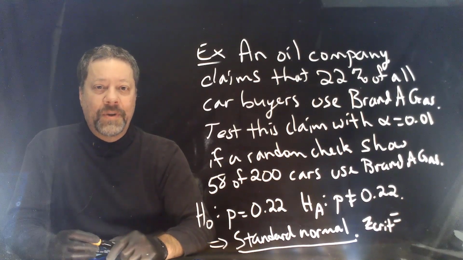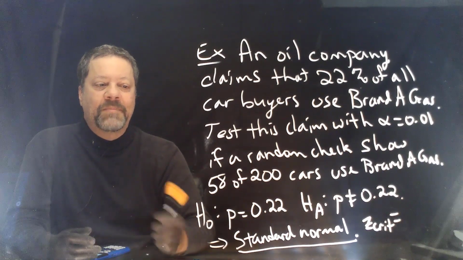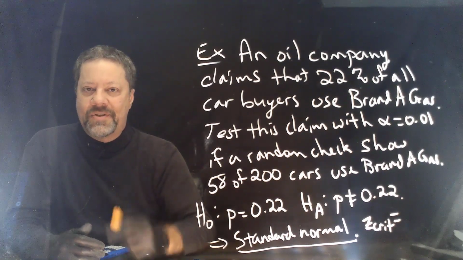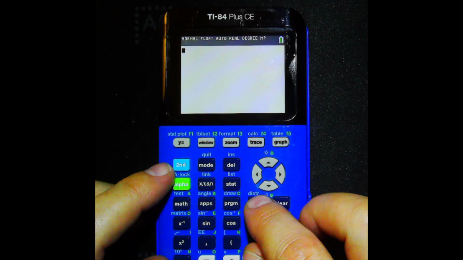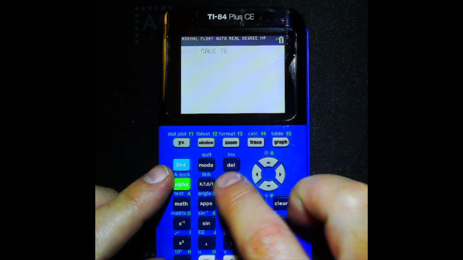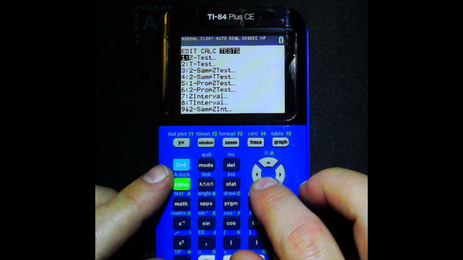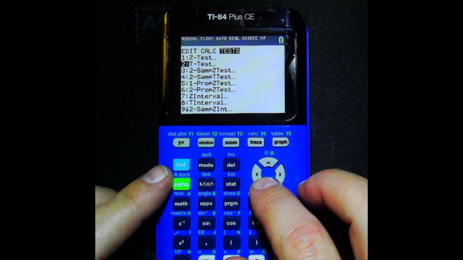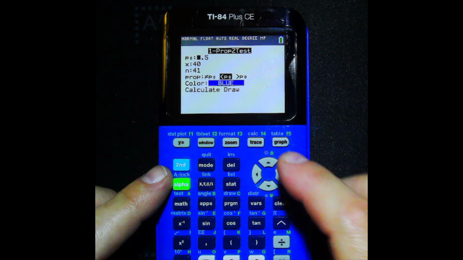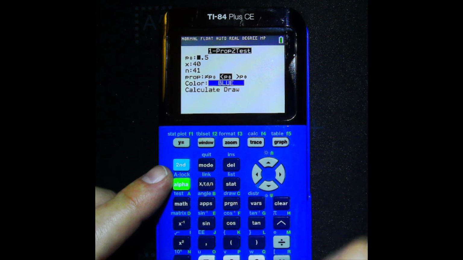The good news for you is that there is an even simpler way of conducting this test using your calculator. We'll go to Stat and then Calc. And this is a one proportion z-test. The null hypothesis proportion was 0.22.